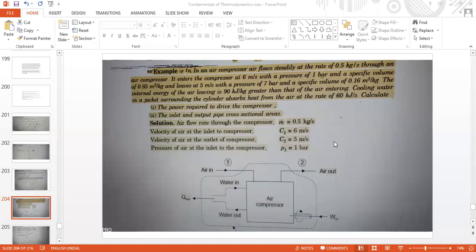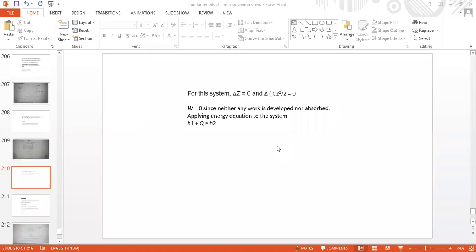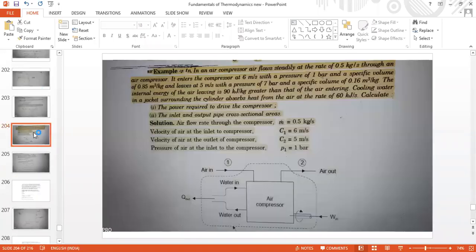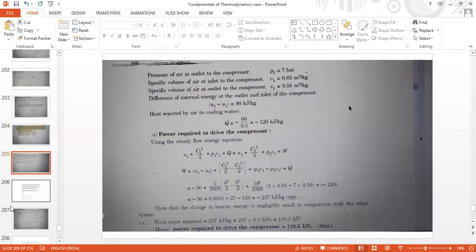Now here a problem is given. All these problems may look lengthy to read, but whenever the steady flow energy equation is considered, see this equation: U1 plus P1 V1, plus C1 square by 2, plus Q, equals U2 plus P2 V2, plus C2 square by 2, plus W. Instead of U1 plus P1 V1, what can you write?